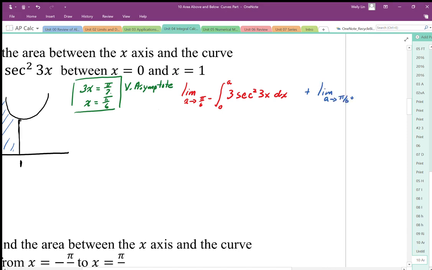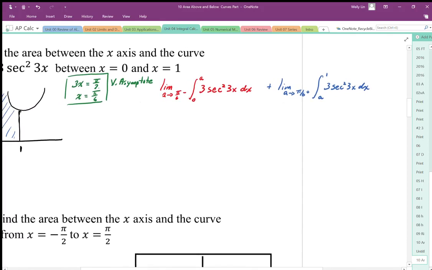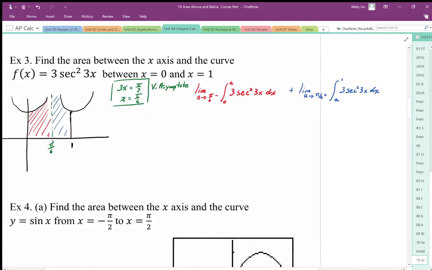So we're going to put a plus there, and it's going to be from that π/6 to 1 of the same integral, 3 sec²(3x). Okay, so I've now set up the integrals. I have used the limit, so I'm doing it formally, and now I can anti-differentiate this expression.